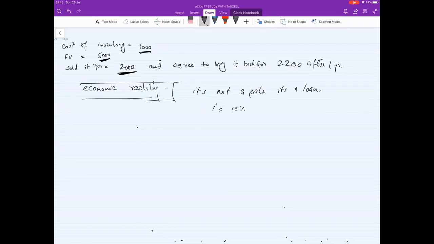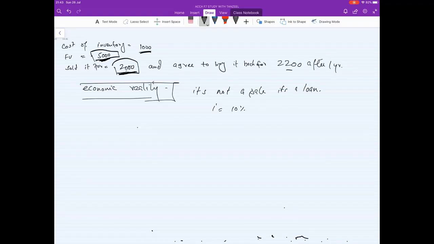First thing that comes to my mind: the fair value is 5000, so why did I sell it for 2000? Is there any problem with my phone? And the second point is that I agreed to buy it back for 2200 after 1 year.